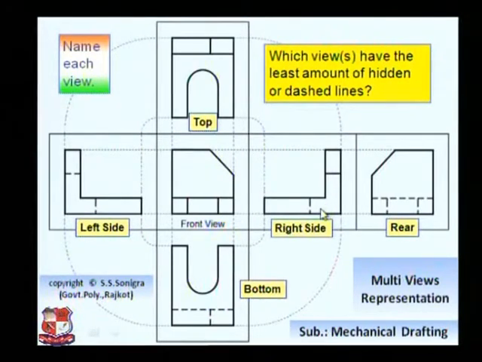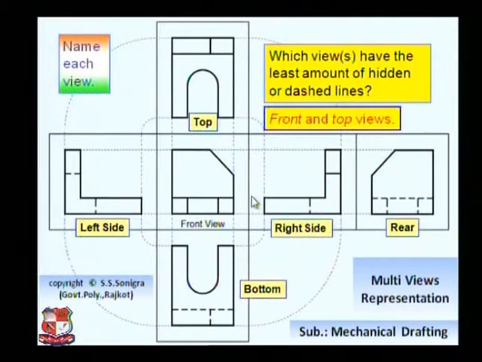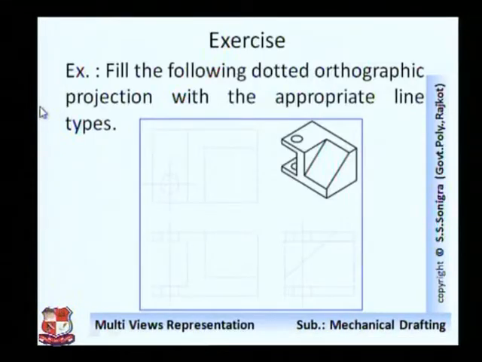Hence, to represent the orthographic projection of this object, we should select the front view, top view and right hand side view, and not the left hand side view, bottom view and rear view. These three views should be erased because they have more dotted lines, and with the help of the front view, top view and right hand side view, we can express all the requirements of the drawings of the object. So front and top views should be selected to draw this object.